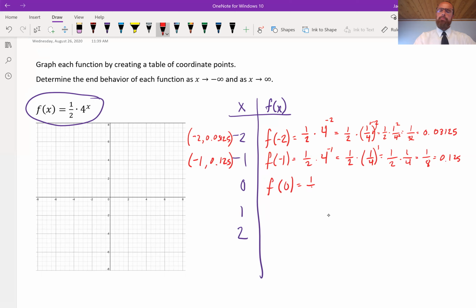That's 1/2 times 4 to the power of 0. And remember, anything to the power of 0 equals 1. So this is 1/2 times 1, which is 1/2, which has a value of 0.5.